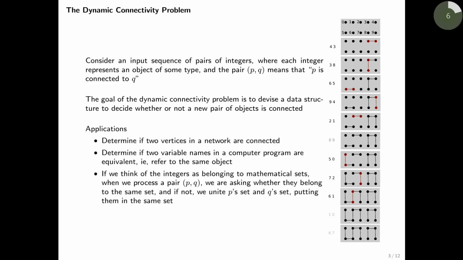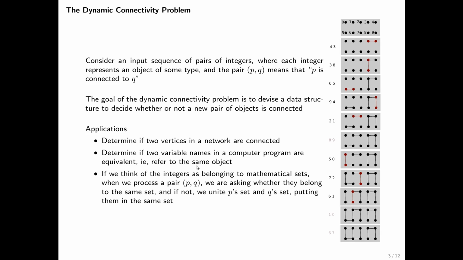Now there are many applications of the dynamic connectivity problem. So for example, you can use this idea to determine if 2 vertices in a network are connected or not. And then you can determine if 2 variable names in a computer program are equivalent, meaning they refer to the same object.